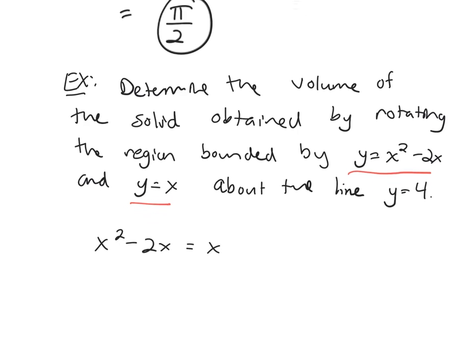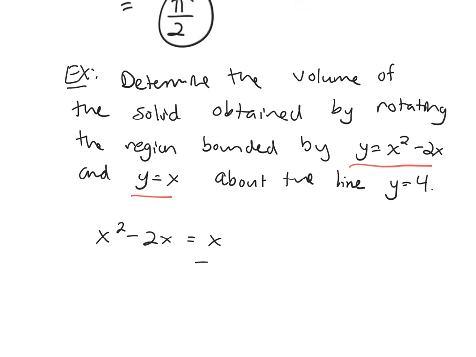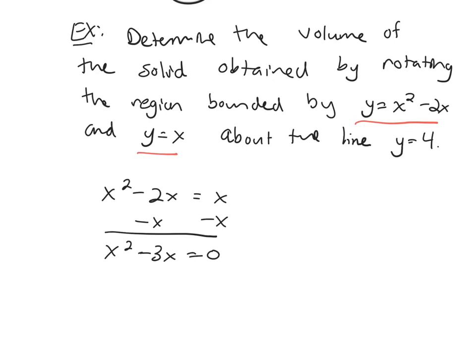Move all our terms to one side, so subtract an x from both sides. x squared minus 3x equals 0. And then the question becomes factoring. What could I factor out? x.